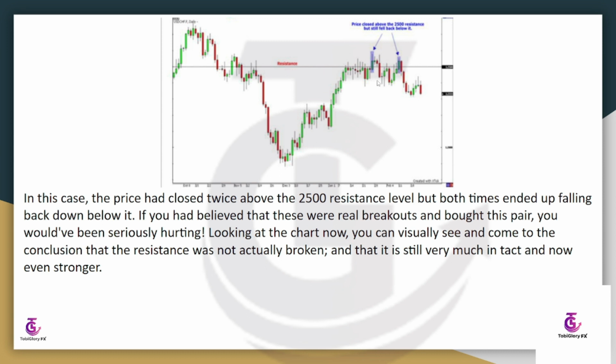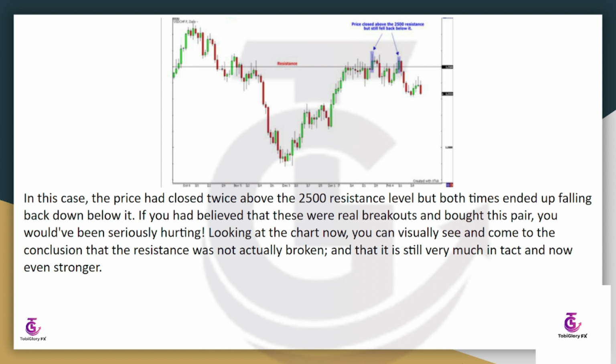The only way we can consider this as a broken resistance is when we have a breakout with multiple candles and a retest, then with a candlestick confirmation, then we can say we have a break of the resistance. But look closely, it went up, came back down, could not continue the buy journey, went up again, came back down, which indicated that this resistance zone is very strong. Then we are looking for a sell to the next support area. We have support, we have support. Let's continue.